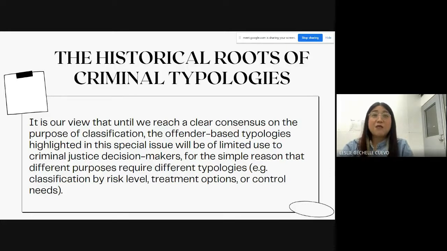Yun na nga. Dahil magkakaiba ang dahilan kung bakit gumagawa ng krimen ang isang tao. Iba-iba ang kanilang motives. Iba-iba ang kanilang yun nga, intentions. So, magkakaibang typologies talaga ang kailangan mabuo natin. So, for example, classification by risk level, treatment options, or control.